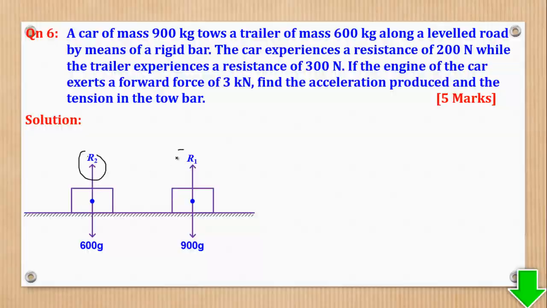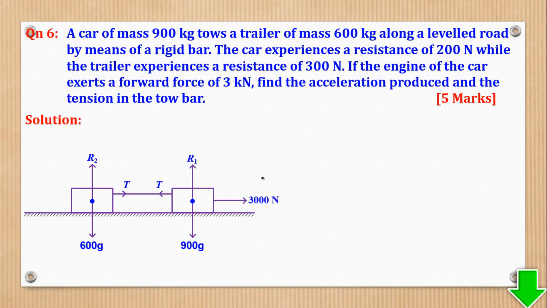Now these reactions are different because the weights are different. If the weights were the same, the reactions would also be the same. So this was the rigid bar which is connecting the two. Tension arrows must point towards each other, two and two. Each arrow must have its own letter T.